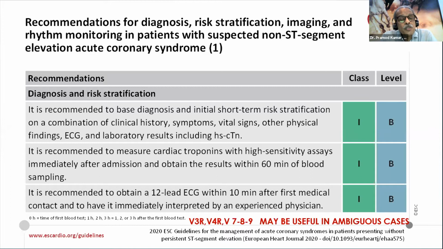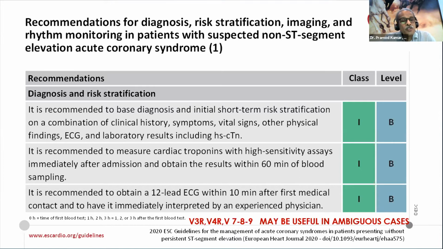It is also important to measure it, as I told you already, at the time of admission, then at 60 minutes, at 120 minutes, and at 180 minutes. You must know that this is a lab test, not point of care, it's not available at the bedside. So the turnaround time is about an hour. When you are saying 0, that means you will get the result after 1 hour.